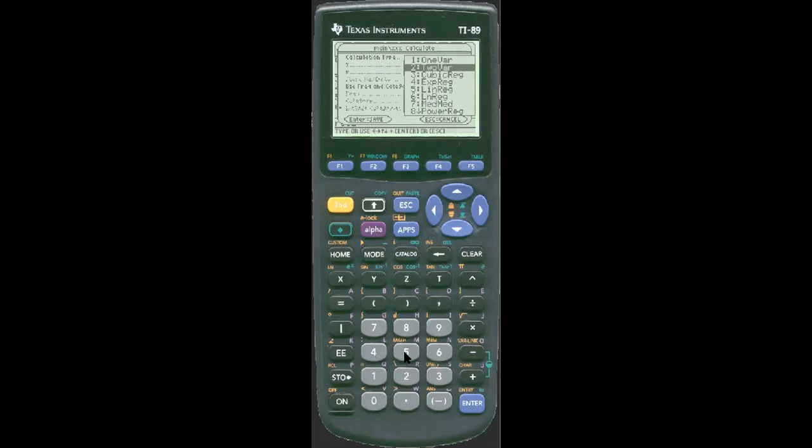I click number 5, then X to C1 and Y to C2.